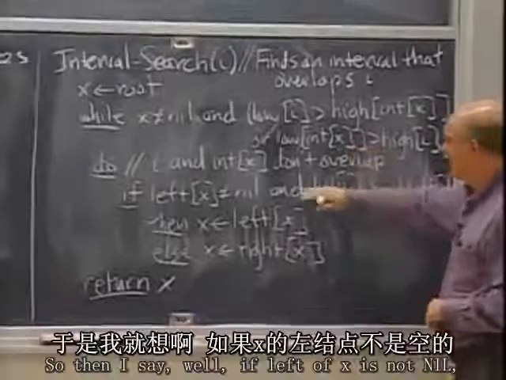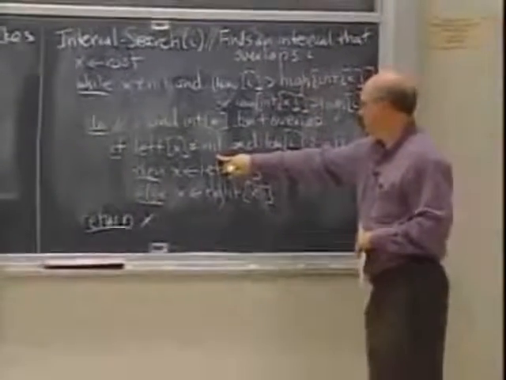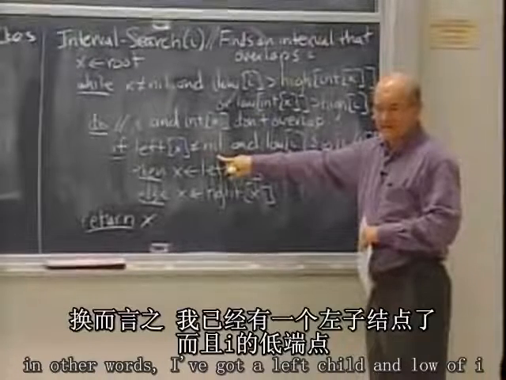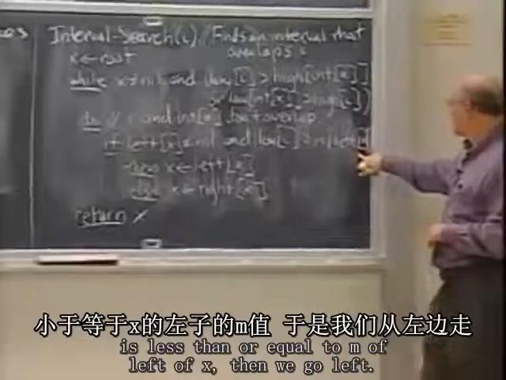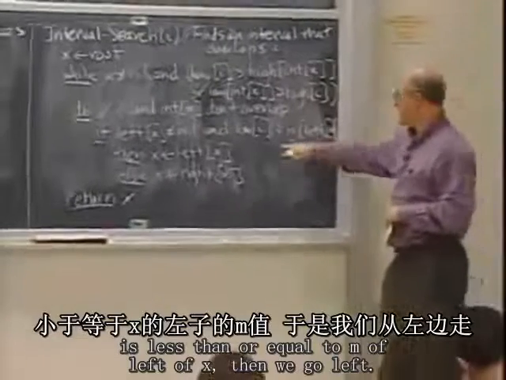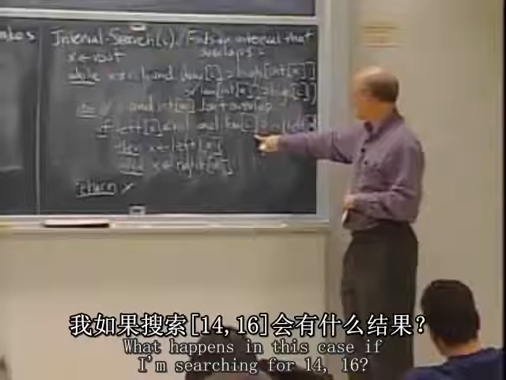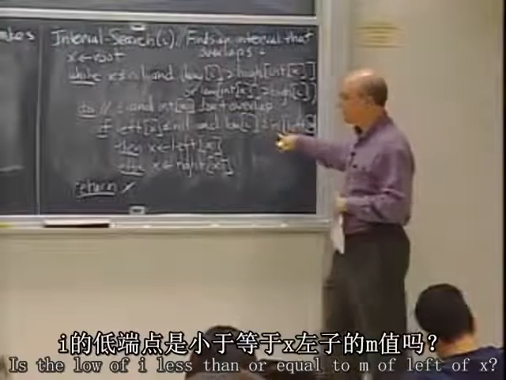So here it says they don't overlap. Then I say, well, if left of x is not nil, in other words, I've got a left child, and low of I is less than or equal to m of left of x, then we go left. What happens in this case if I'm searching for 14, 16?